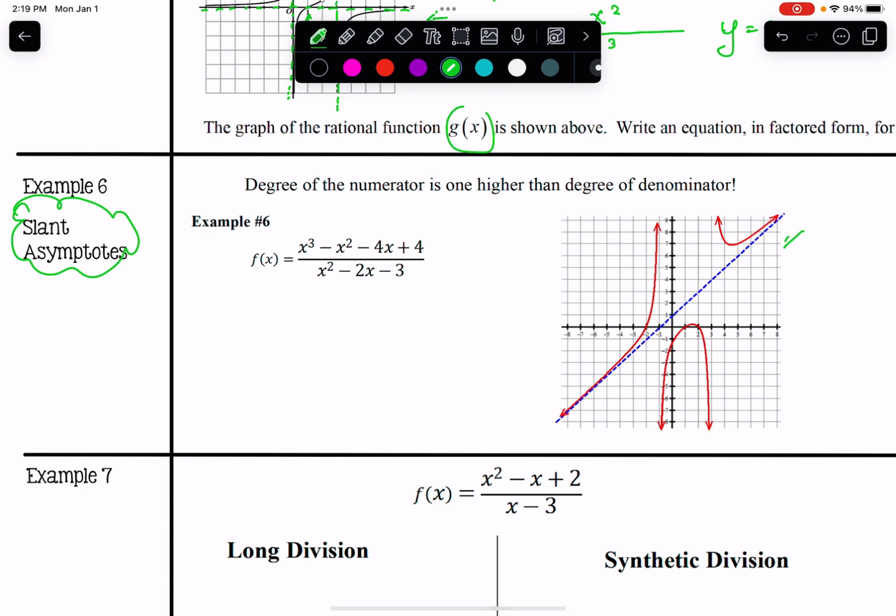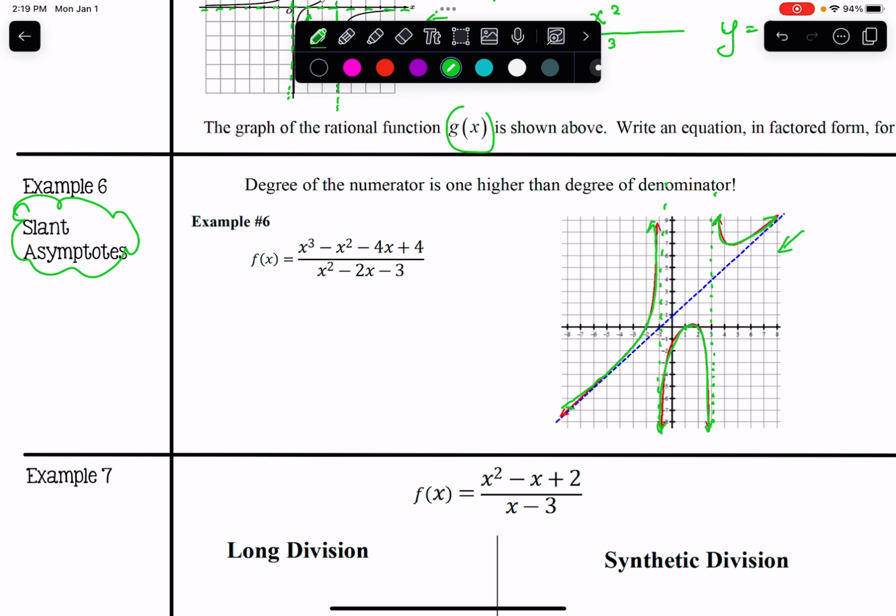This is an example of a graph that has a slant asymptote. We should also write in that it has a vertical asymptote here, and it looks like a vertical asymptote at -1. You can see the graph is following those asymptotes and the slanted asymptote, until it gets to the vertical asymptote.